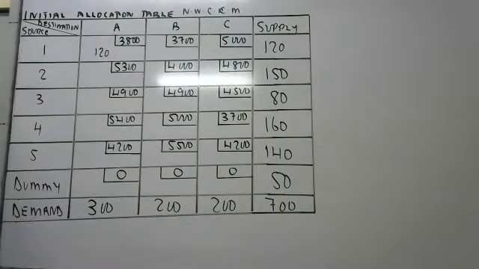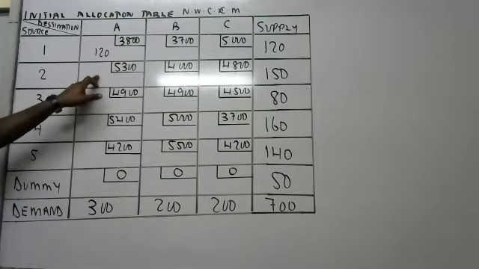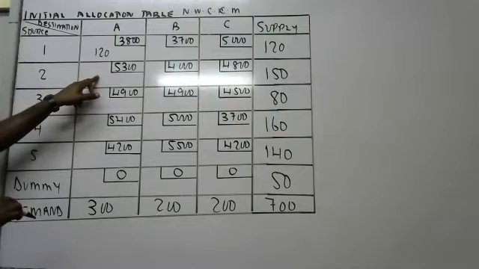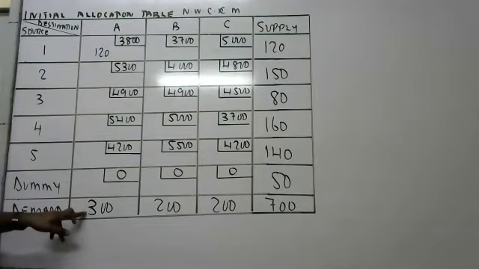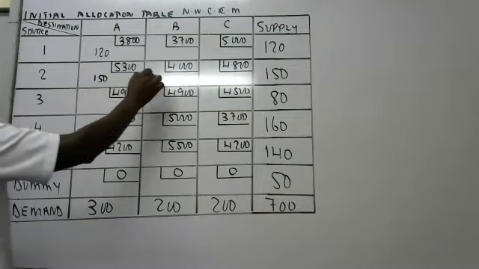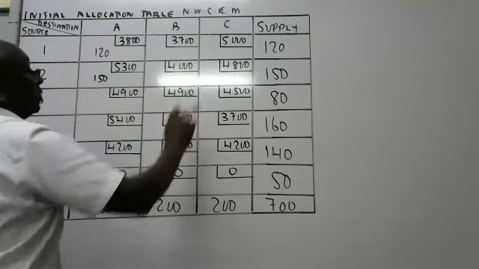They cannot receive anything. The next northwest corner cell is this one. So when you get here, the available supply is 150. The unsatisfied demand is 180. So the smaller is 150. So we put 150 here, and the implications are that these ones are blocked.